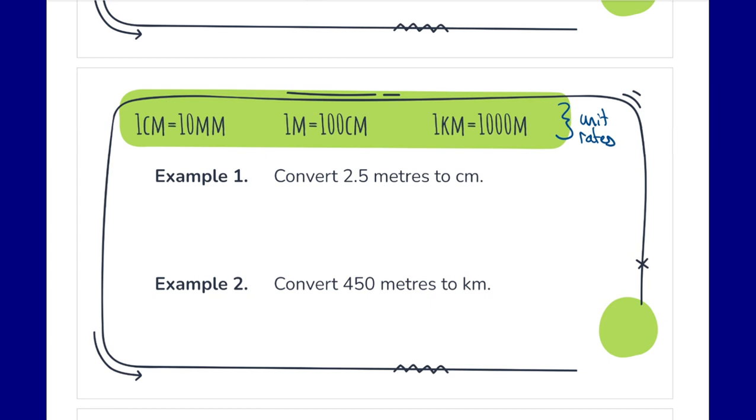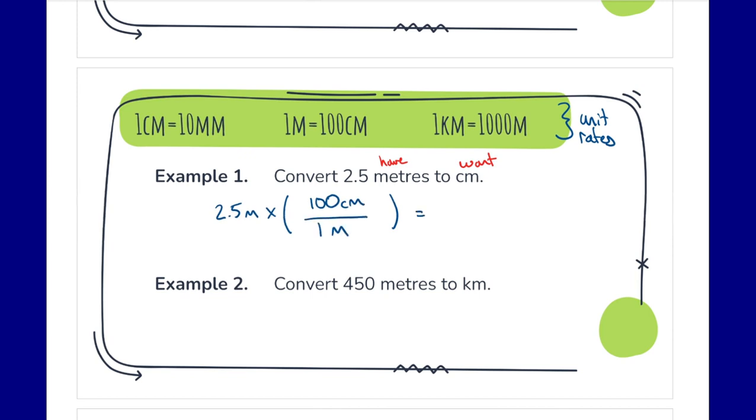We want to convert 2.5 meters to centimeters. We start with the units we have, so 2.5 meters. We multiply that by our unit rate, and the values that go on top are the units we want. We have meters and we want centimeters, so using the unit rate with centimeters and meters, we put centimeters on top: 100 centimeters divided by 1 meter.